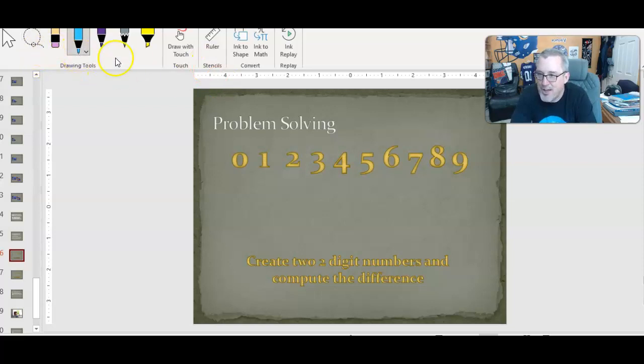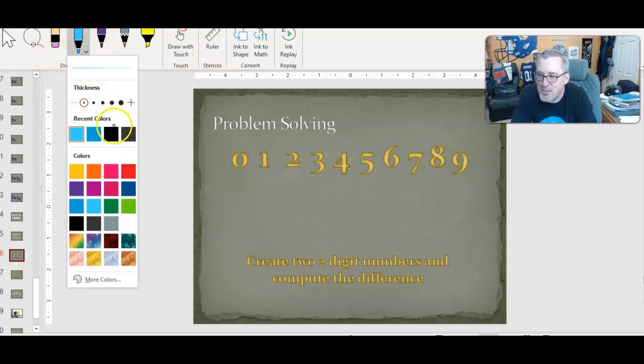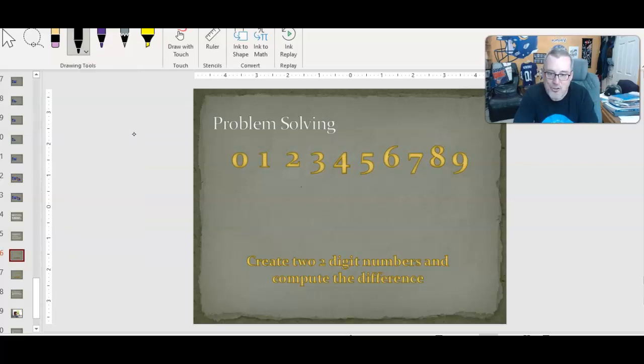I've given you 0 through 9, and I want you to choose 2 digits. Now, of course, you're not with me, so I have to choose for you. You chose 8 and 4. Just pretend. Now take the 8 and the 4, and with them you can make two two-digit numbers. You can make 84 and you can make 48.